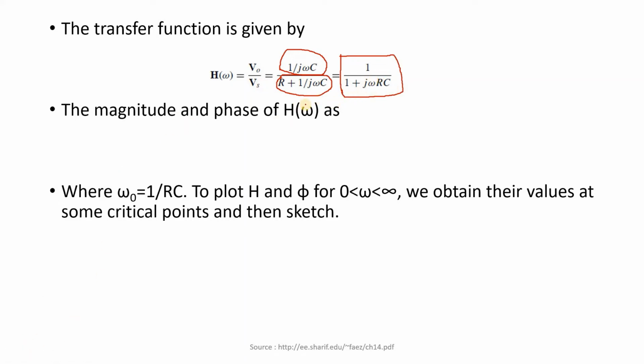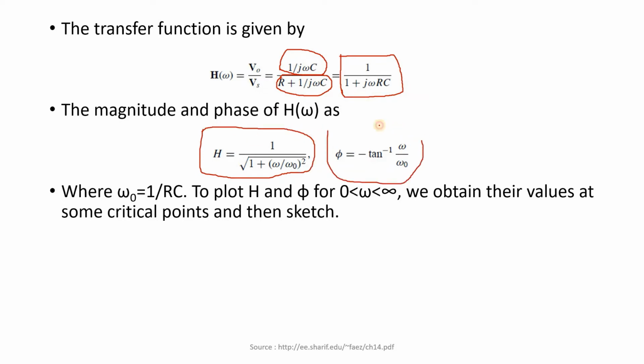We divide this particular expression into two components. This component is called the magnitude component, and this component is called the phase component. Here omega is the frequency you are applying, and omega naught is the frequency decided by the choice of R and C components.